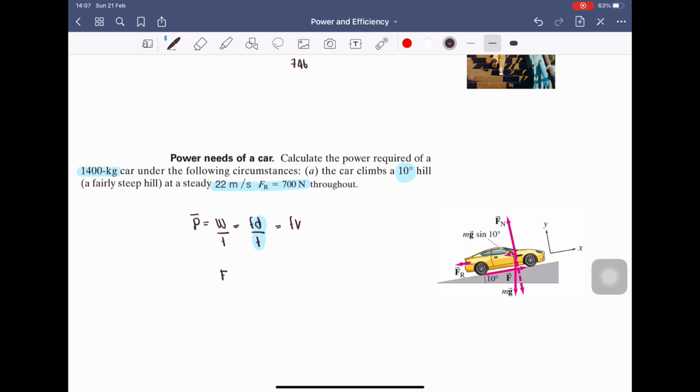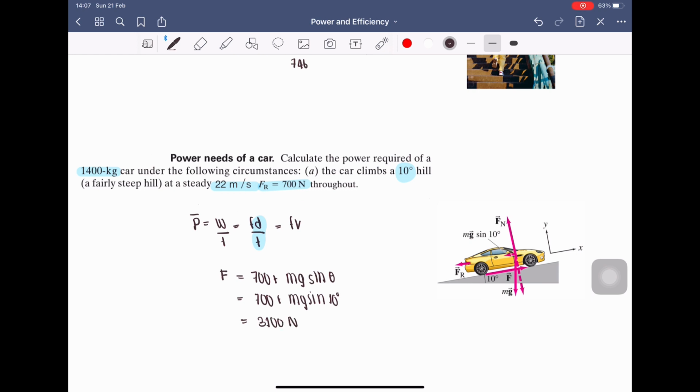The force here is 700, which is the friction, plus mg, the weight, times sine theta, which equals 3,100 Newtons.